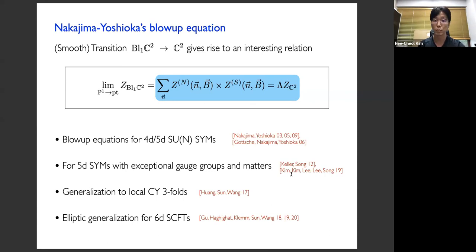The blowup equations for the topological string partition functions for local Calabi-Yau threefolds were proposed in this paper, and their elliptic generalizations for the string SQFTs have been proposed in this series of papers. Today, I further improve this blowup approach such that it can be applied to arbitrary 5D and 6D quantum field theories.